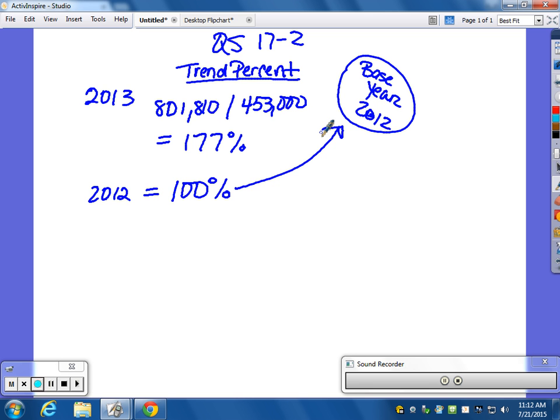Okay. Next, quick study 17-3 says refer to the information in quick study 17-2. Use that information for Tide Corporation to determine the 2012 and 2013 common size percents for cost of goods sold using net sales as the base. So we're looking for common size percents, and we're going to do it for 2013. Instead of a base year, we're using an actual item as the base, which is net sales.